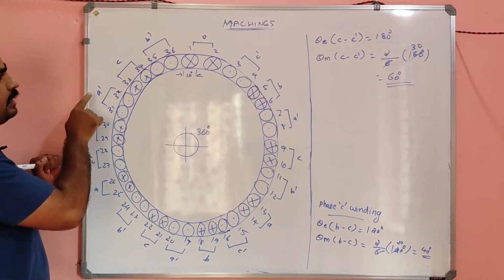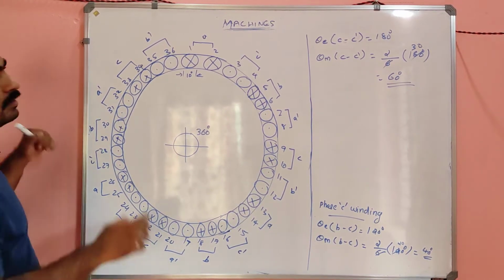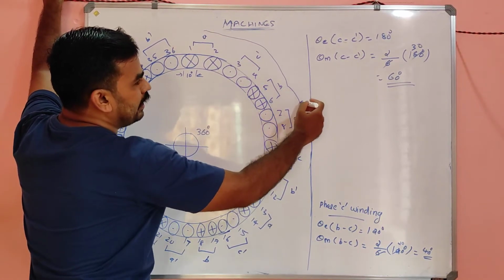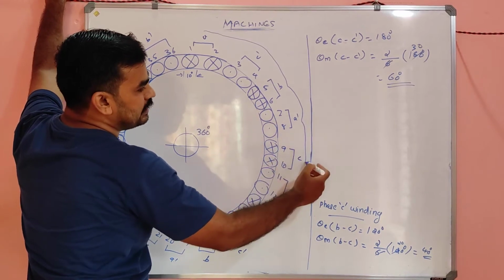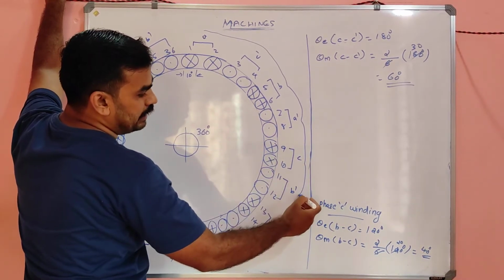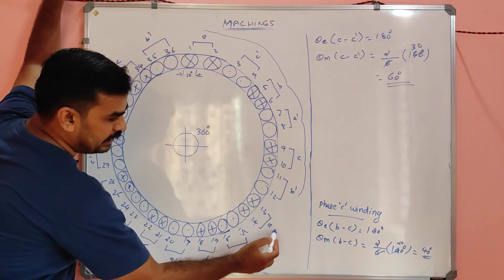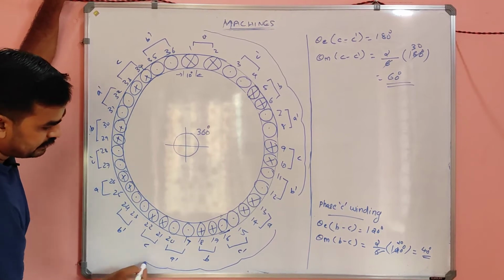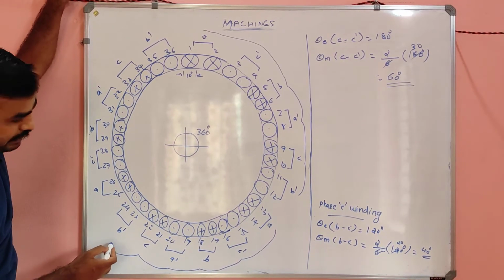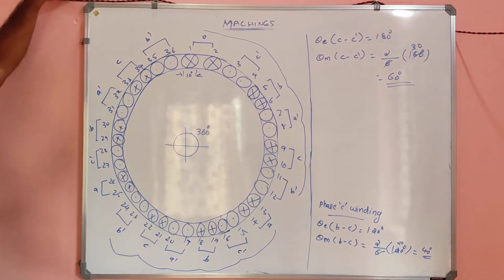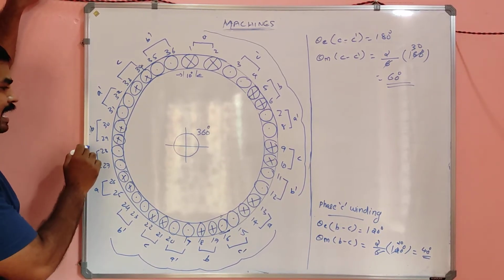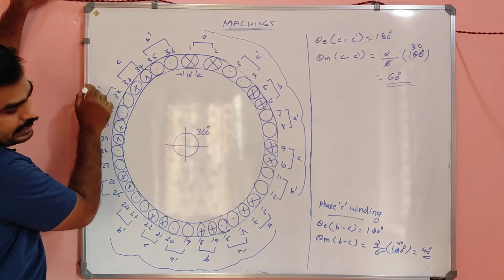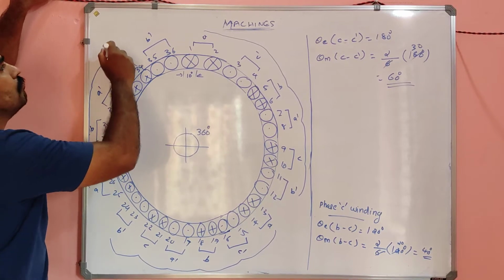A, C dash, B, A dash, C, B dash. Now this is the repetition. See, A, C dash, B, A dash, C, B dash. Okay, again A, C dash, B, A dash, C, B dash, correct?